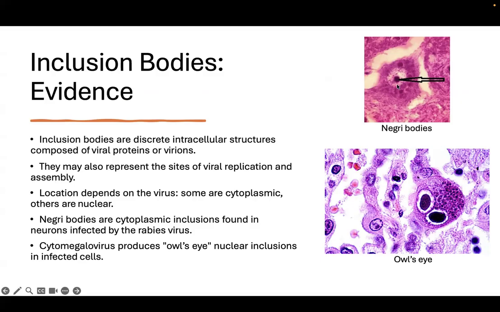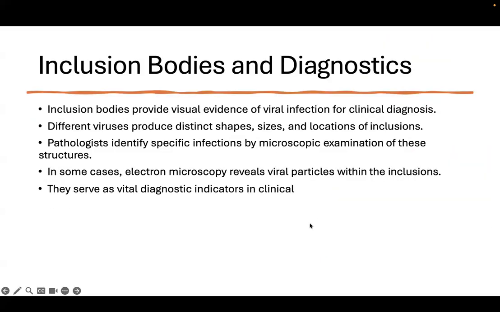So you see that the Negri body here is very different to the owl's eye. Some viruses have a very specific inclusion body, with a specific size, shape and location. And by looking at the inclusion bodies, you can actually determine what virus you are being infected with. So diagnostically, it can be extremely useful to know.